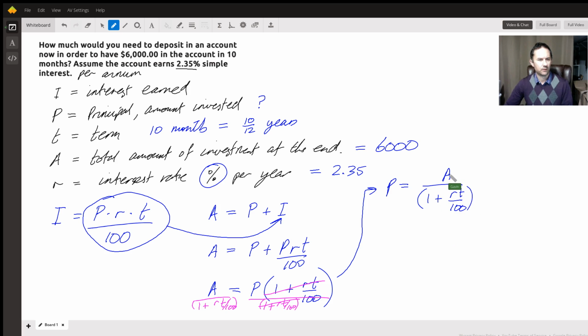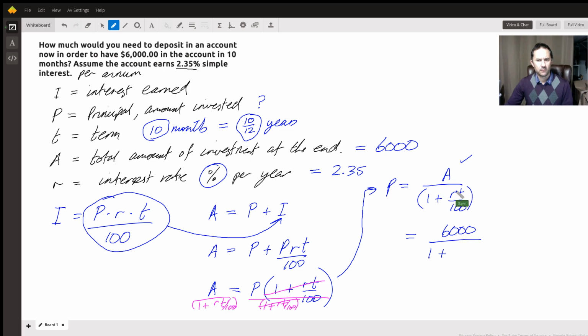Now I think we have everything. We've got A, we have T, so we're ready to go. So A, 6,000 divided by 1 plus. Now I've noticed that the T I've given you is either going to be 10 or 10 on 12. It depends whether you have to make it the same as what the interest rate's given in.